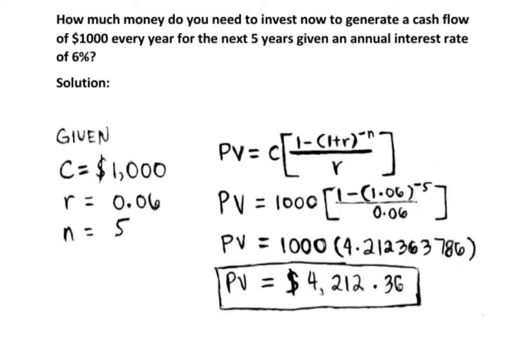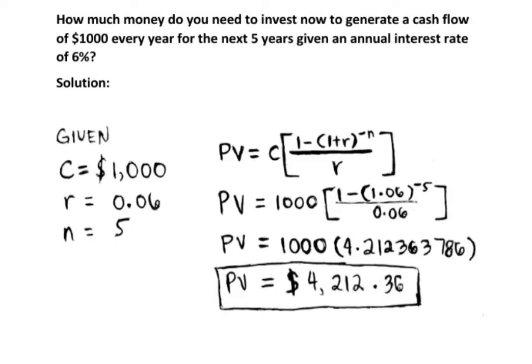So let's replace C with 1000 and let's replace R with 0.06. So 1 plus 0.06 is 1.06. That's going to be raised to the negative 5. We're going to divide that by 0.06. 1 minus 1.06 raised to the negative 5 is 0.25274 and so on.